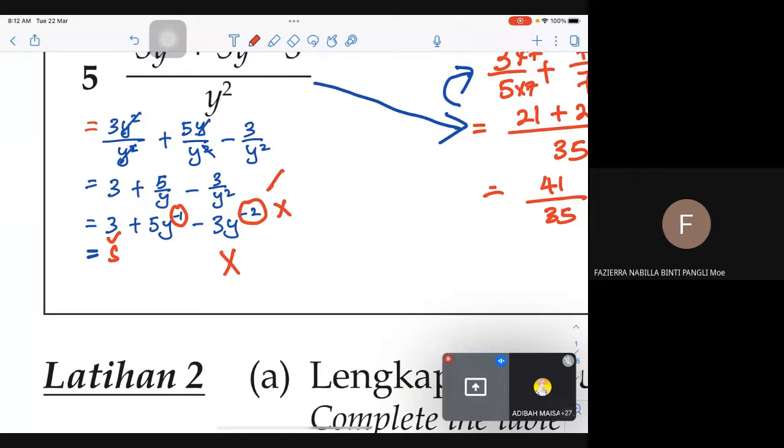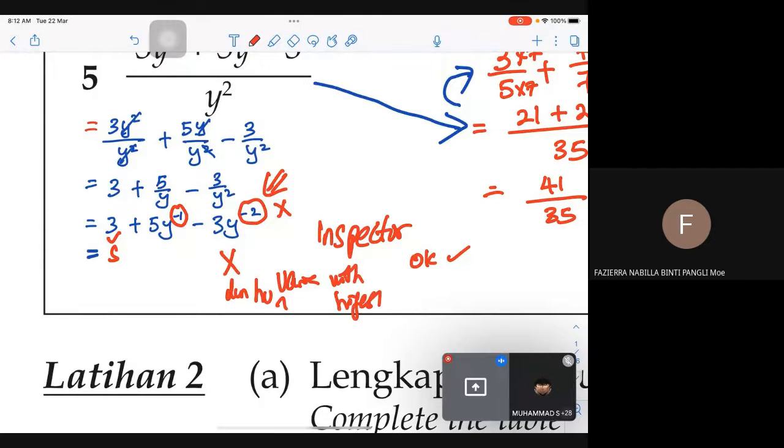The most important thing is we must have the variable with the highest power equal to 2.